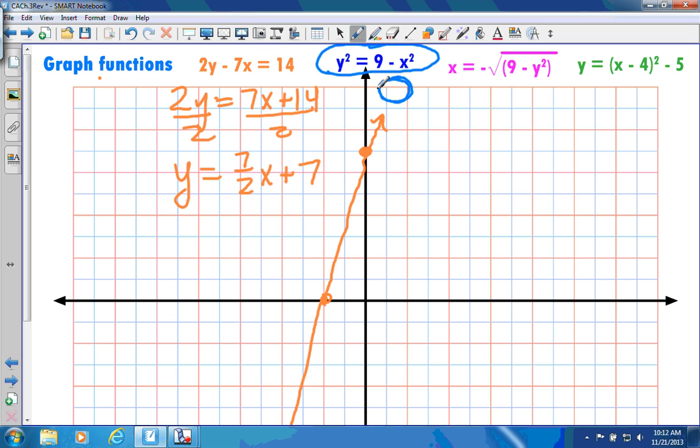And the radius of the circle is 3, and the center is 0, 0. And so then you have that.